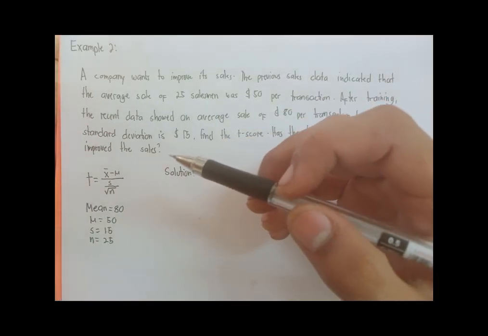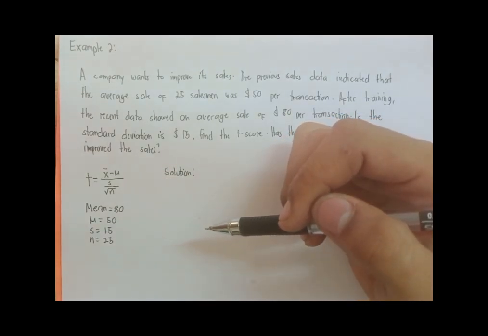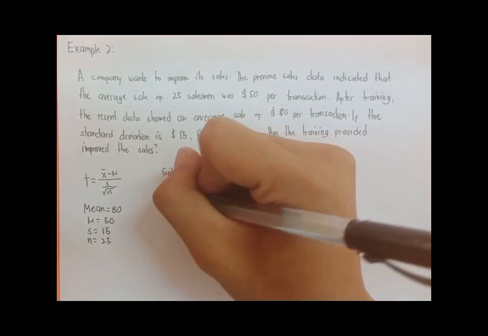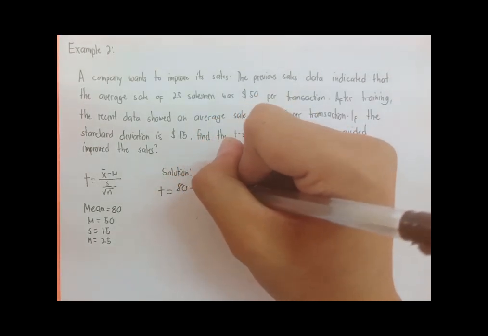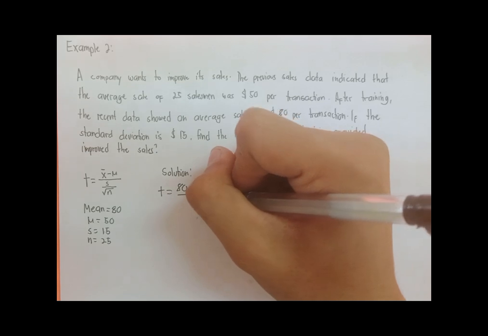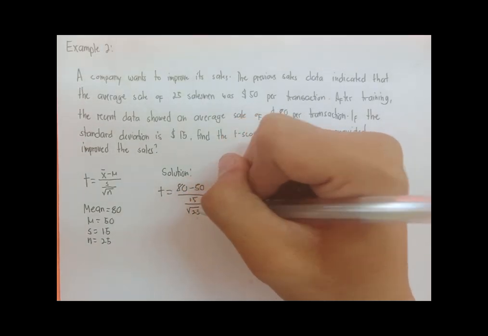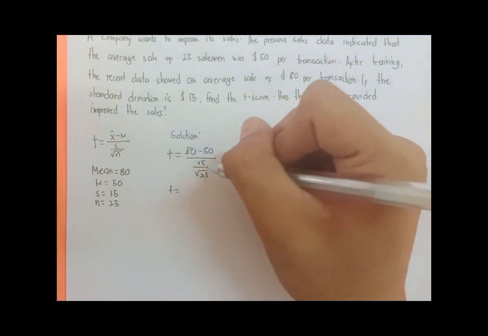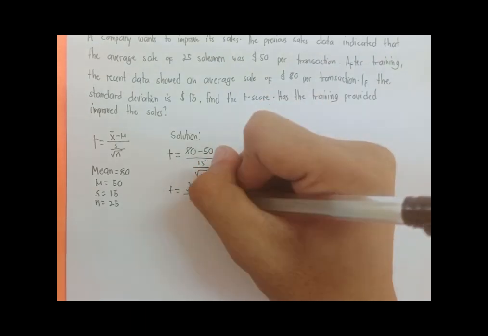So our formula is t-score equals sample mean minus population mean over standard deviation over square root of sample size. So let's plug in. t equals 80 minus 50 over 15 over square root of 25. 80 minus 50 is equal to 30 over 15.